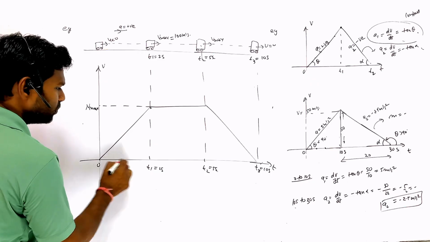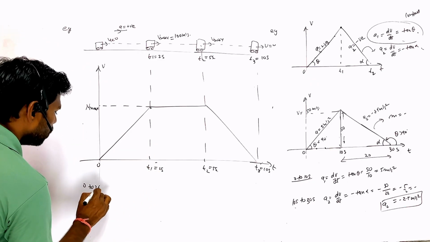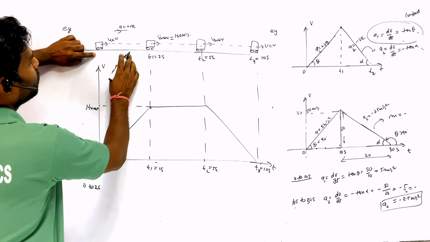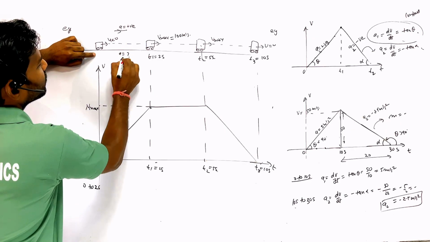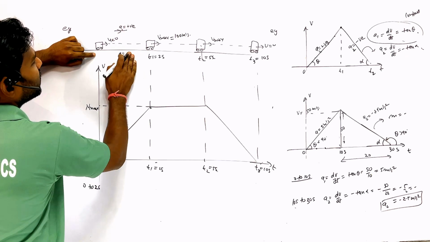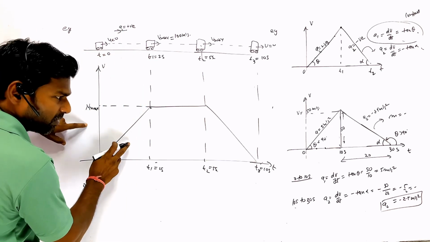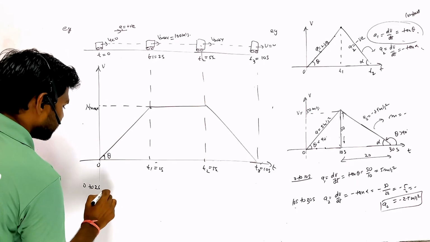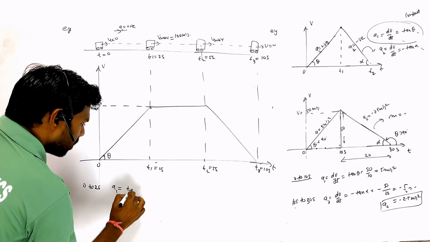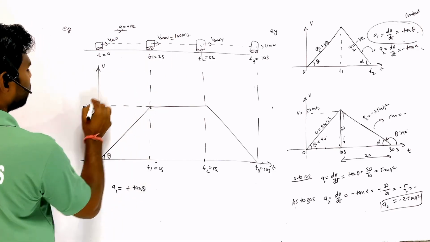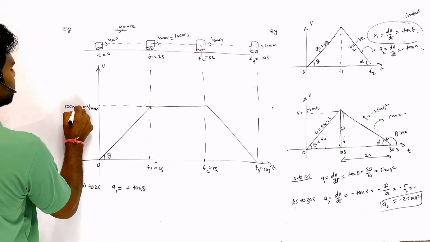If you consider from 0 to 2 second, this is the theta. If you are asked to find the acceleration in this case, from 0 to 2 second, what is the acceleration? The v-t graph is given, so the acceleration is nothing but positive tan theta. And what is tan theta? Suppose the maximum velocity is 100 meter per second.